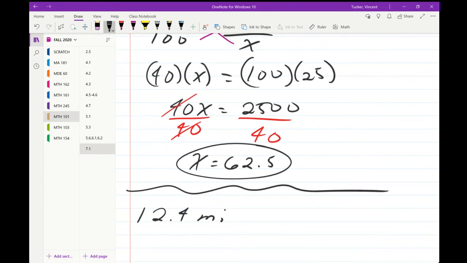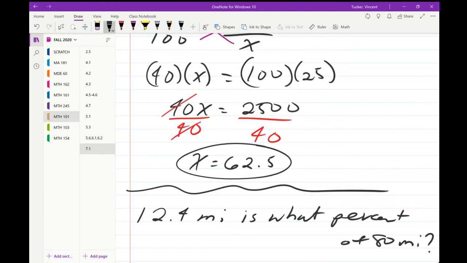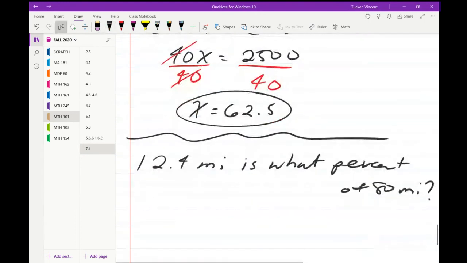All right, let's do at least two more. So this one, 12.4 miles is what percent of 80 miles?